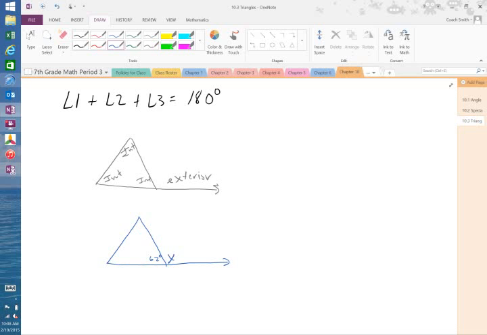118 degrees. Why? You've just told me what those two angles are together.